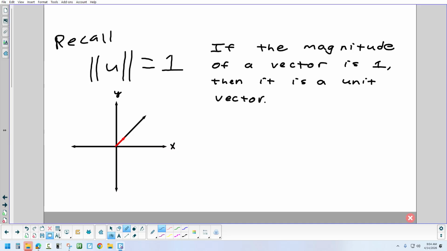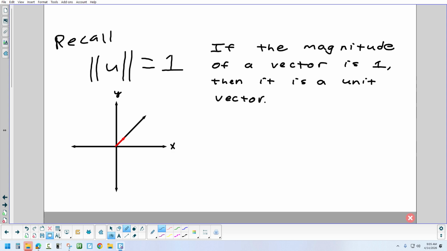What I want to look at is, if we have a vector that's not a unit vector, I would like a formula that can convert it into a unit vector. I don't want the formula to do anything to the direction. I want it to keep that exactly the same, but I want to make sure that the length comes out to 1.